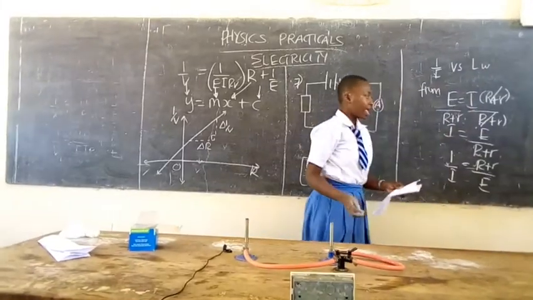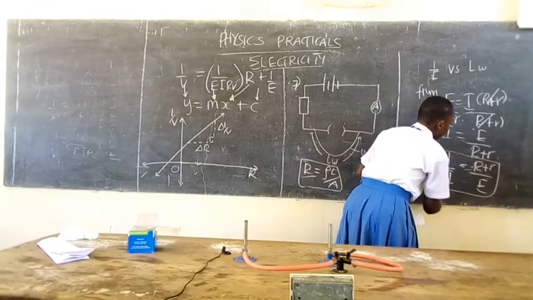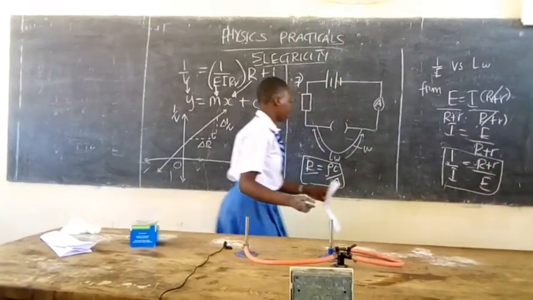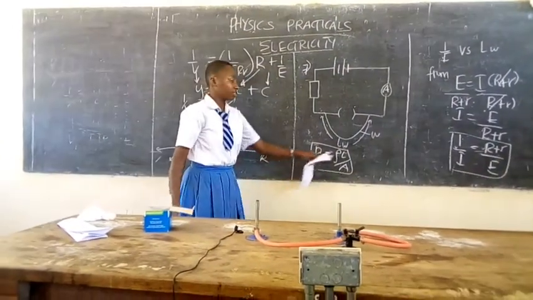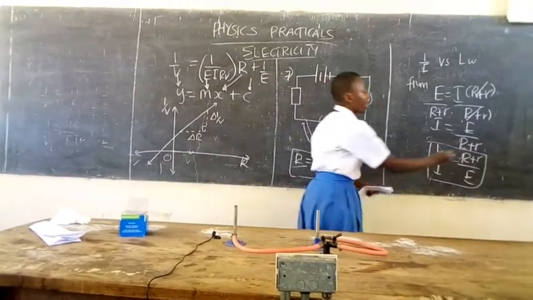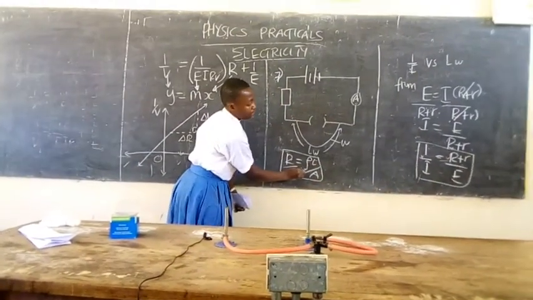Over this L. And from here, as we can see, we don't have any L, but we can get our L from this equation here. So we substitute the value of R by putting this equation here. There.